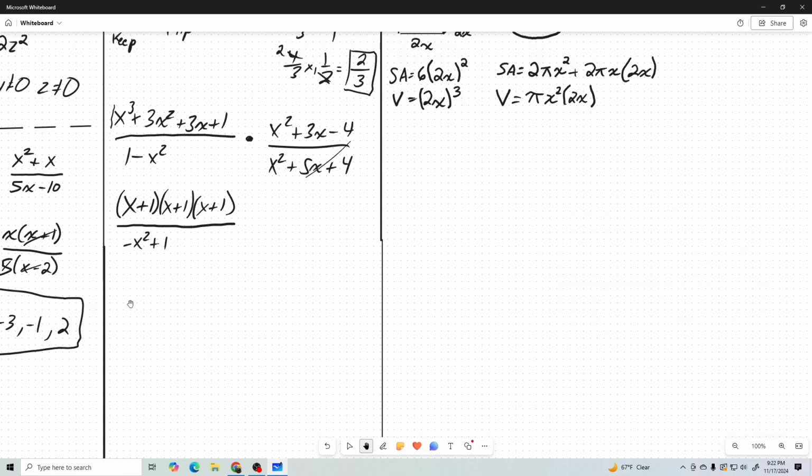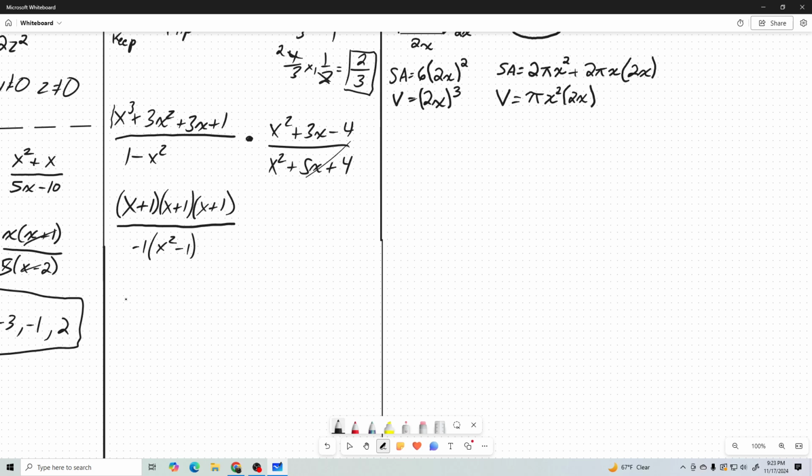I'm actually just going to, for the sake of the video, erase this and write it in the proper form. So we're going to take a negative 1 out of each of these. If we take a negative 1 out, it's going to become x squared minus 1. So I'm just going to rewrite that here. The magic of computers. Voila.